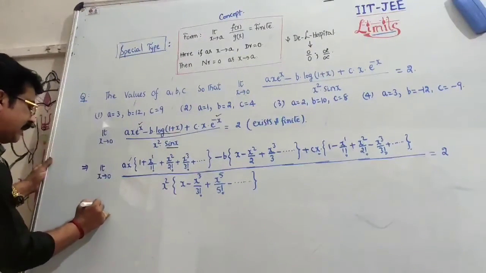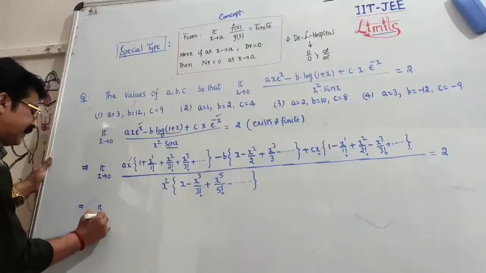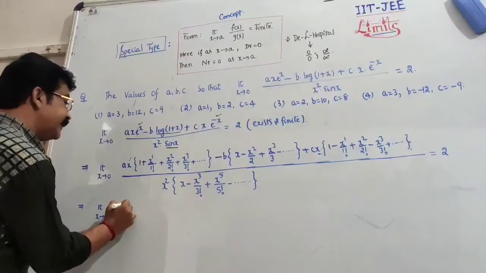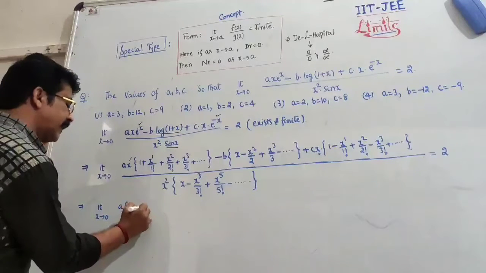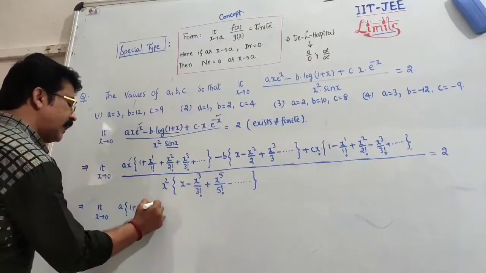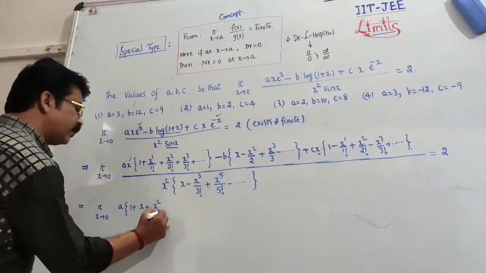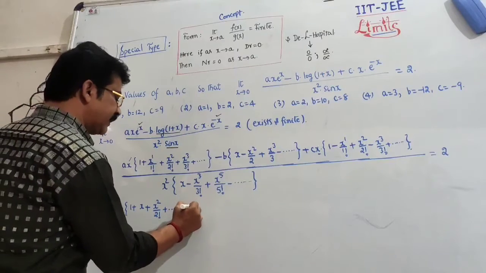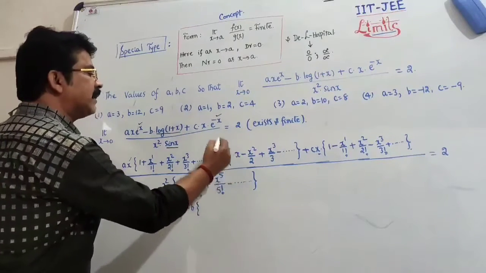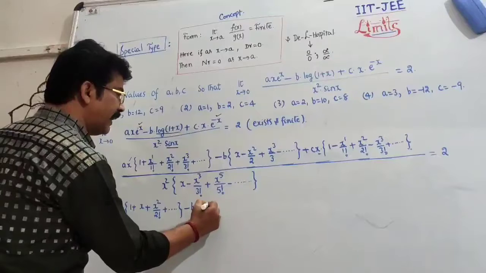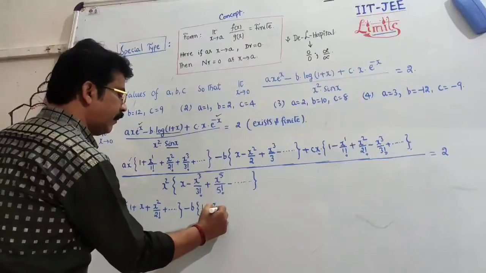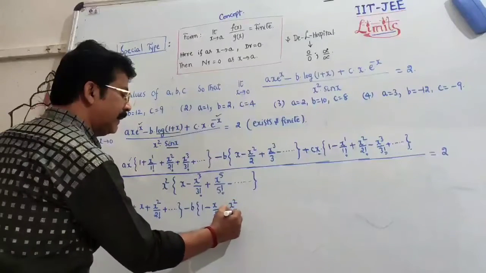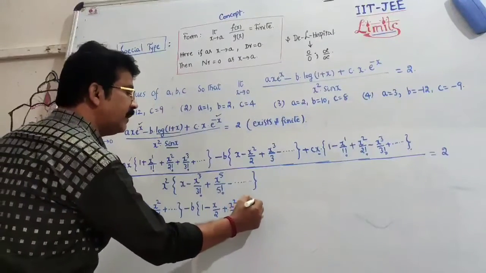So that implies I will take the direct step. So x cancel, a into 1 plus x square by 2 factorial plus and so on. Next minus b into, x common cancelled, it remains 1 minus x by 2 plus x square by 3 minus and so on.